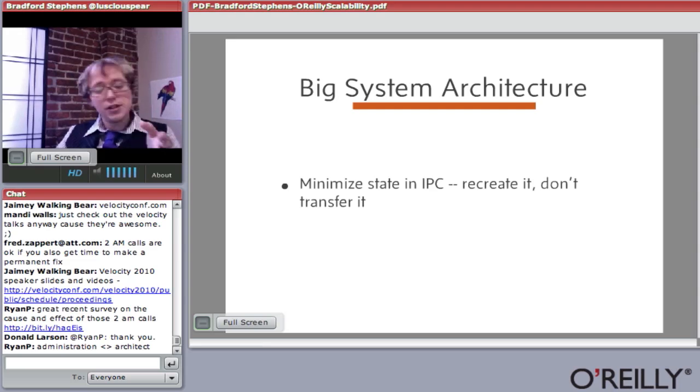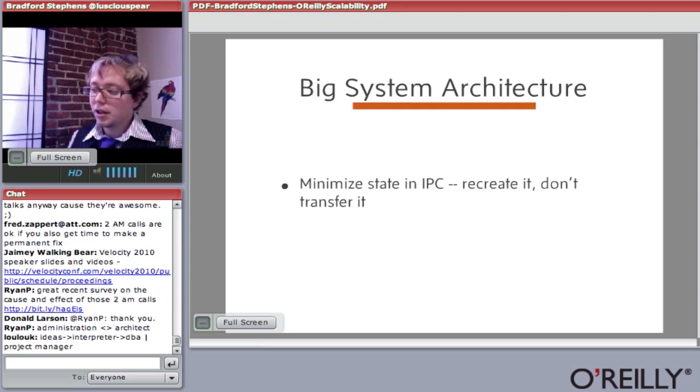So, another engineering practice you should keep in mind with these big systems is that you really want to minimize state in your inter-process communication. And what that means is, as you're moving data between machines, move the absolute bare minimum amount of data you need in order to recreate it. So in other words, let's say you've got a site that lets you manipulate images and add funny captions in front of pictures of kittens doing things.